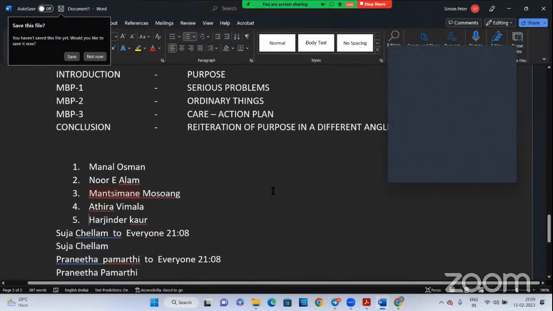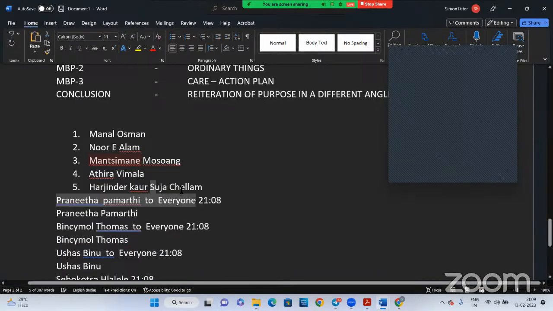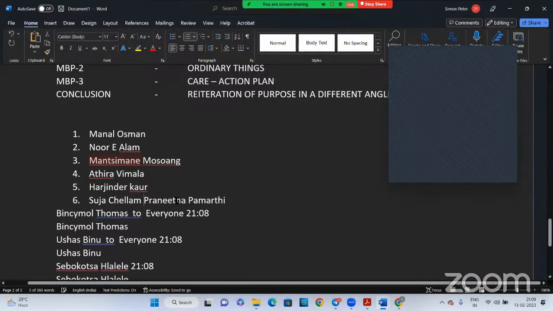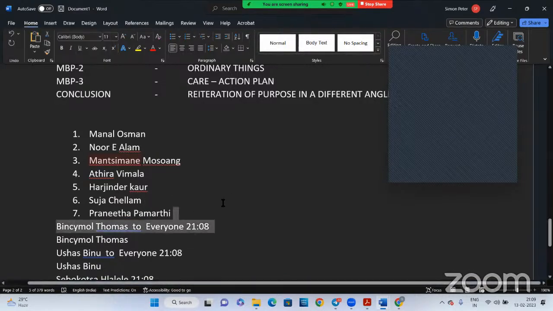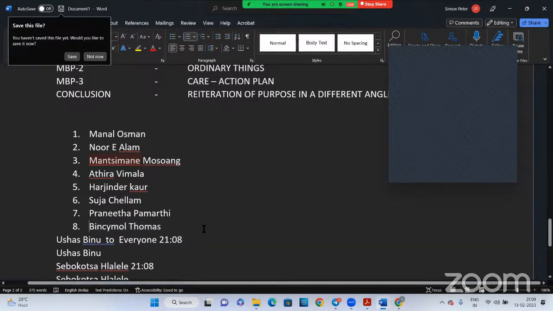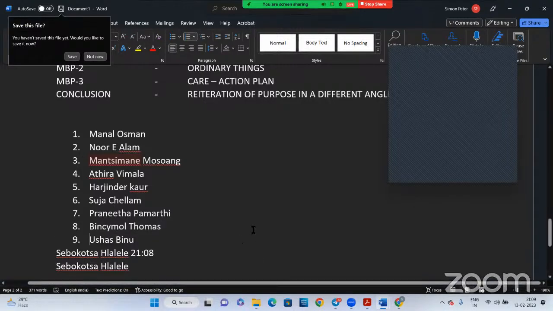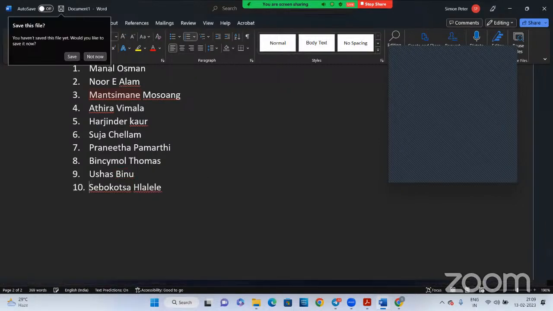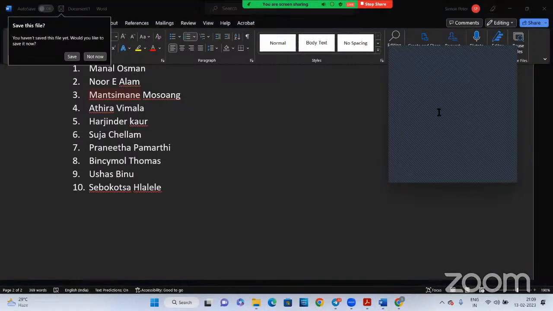Number 5, Harjinder Kaur. Number 6, Suja Chellam. Number 7, Pranita Pamarti. Number 8, Binsimol Thomas. Number 9, Usha Binu. Number 10, Sebokotse Halale. Number 11, Meera Manoj.